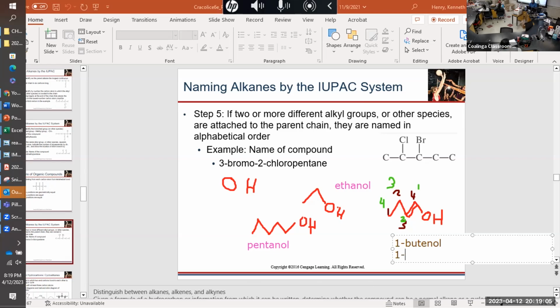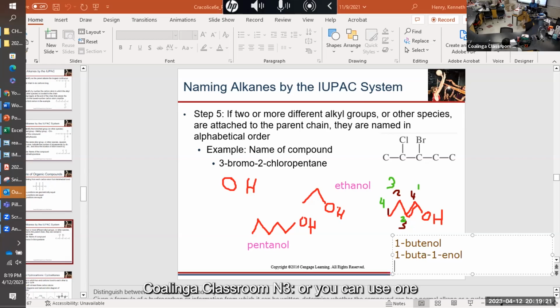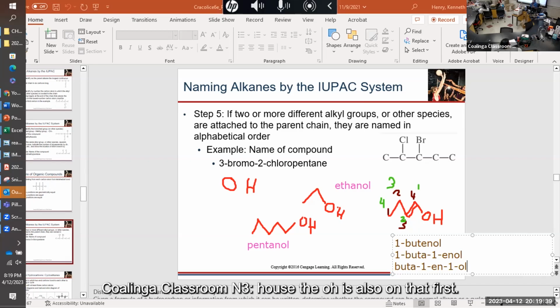1... "ol". Or you can do 1-buten-1-ol, because the OH is also on that first carbon.